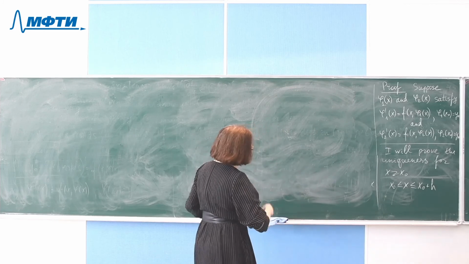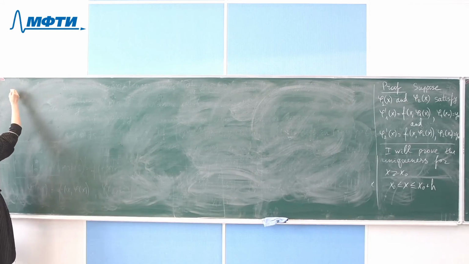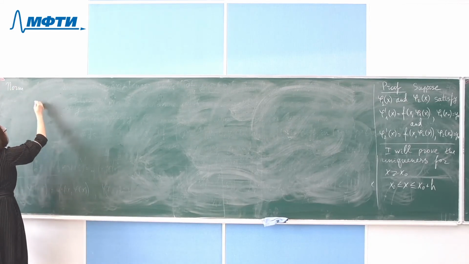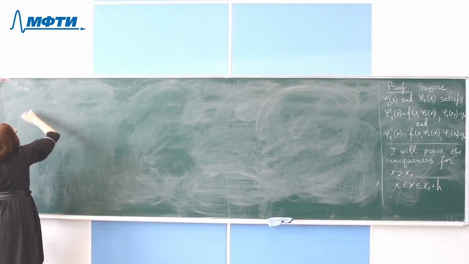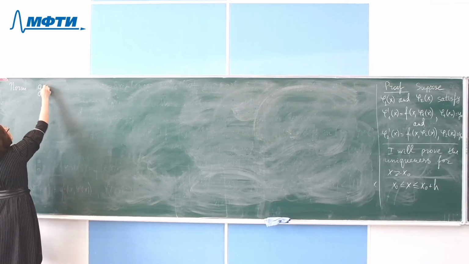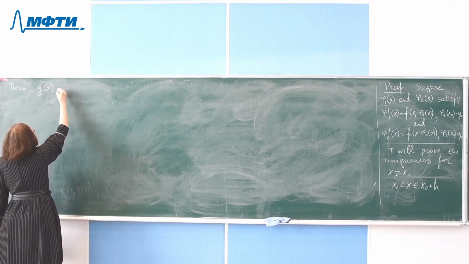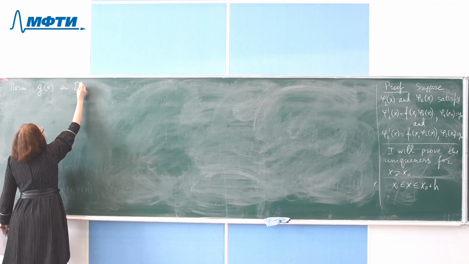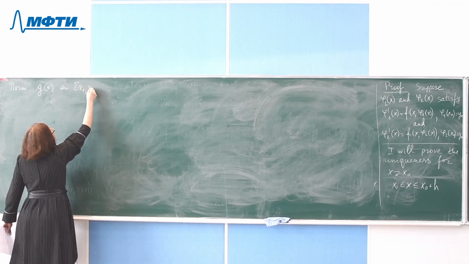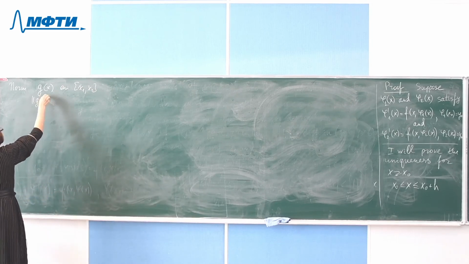Well, I will move here. Let's introduce the norm. The norm of the function, so let it be an arbitrary function, I will call it g of x. The norm of g of x, a continuous function on the interval x1, x2, can be introduced as follows.